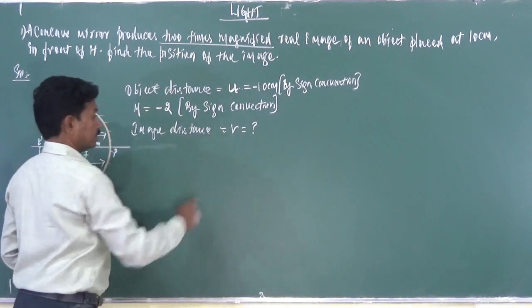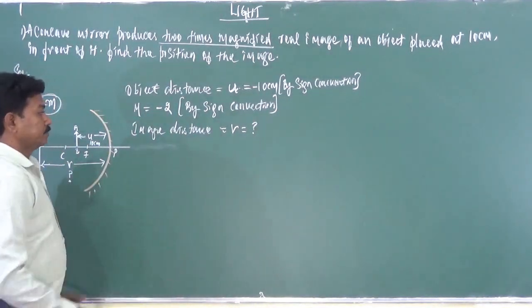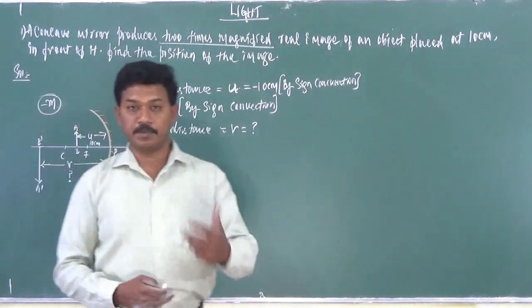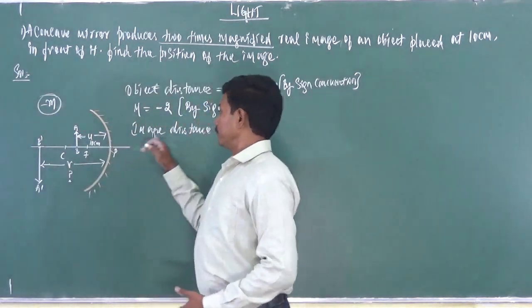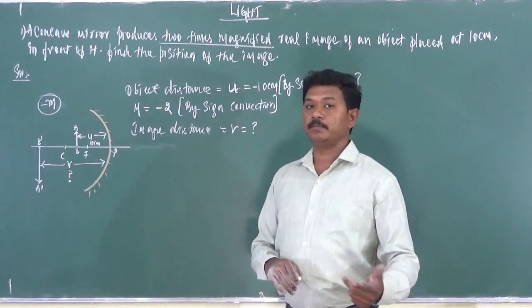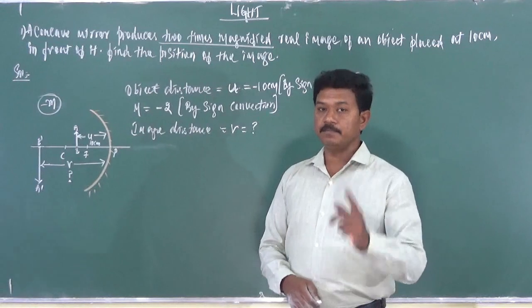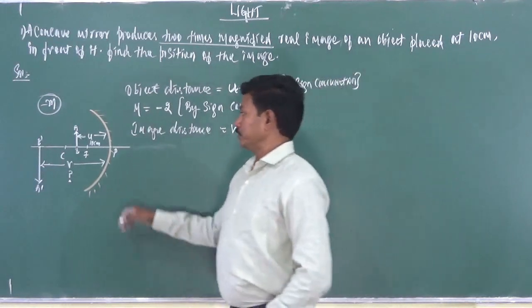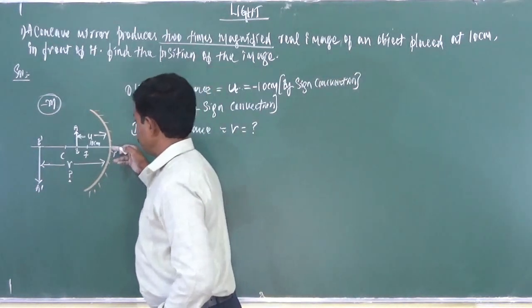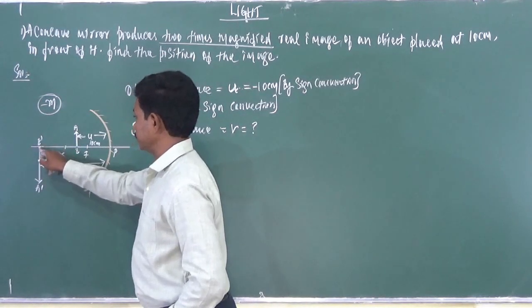Don't put any sign for this because you are still finding the value of V. Now for our reference we will speak: when I get the value of V here, will that V value be positive or negative? It will be negative because you are measuring from the pole of the mirror towards the image.